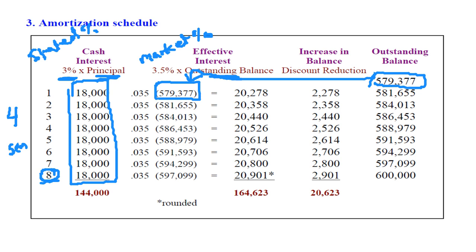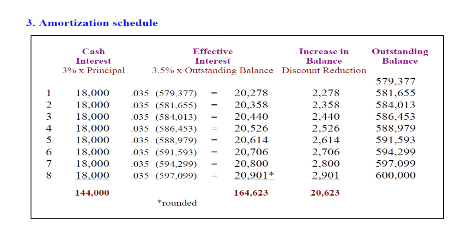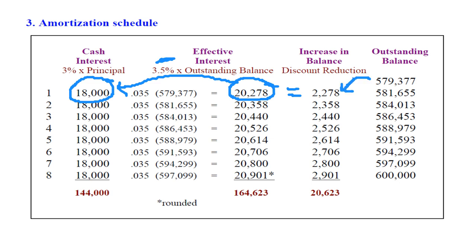Then we will deduct the effective interest minus the cash interest. That will equal the discount reduction. Again, we will add the outstanding balance plus the discount reduction. It will equal the next outstanding balance for the second period.